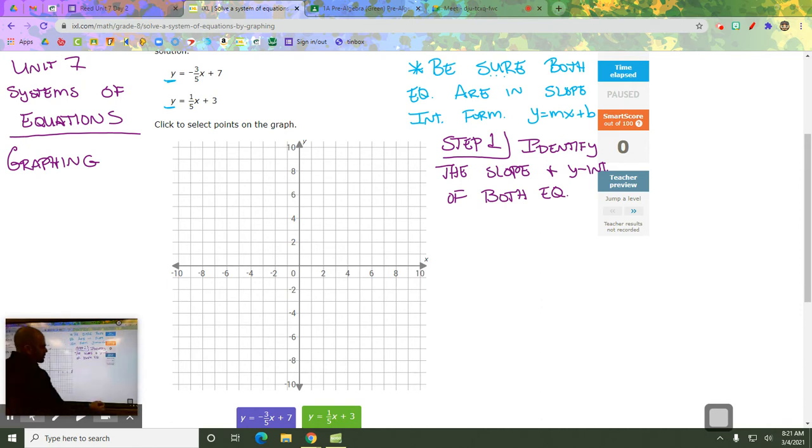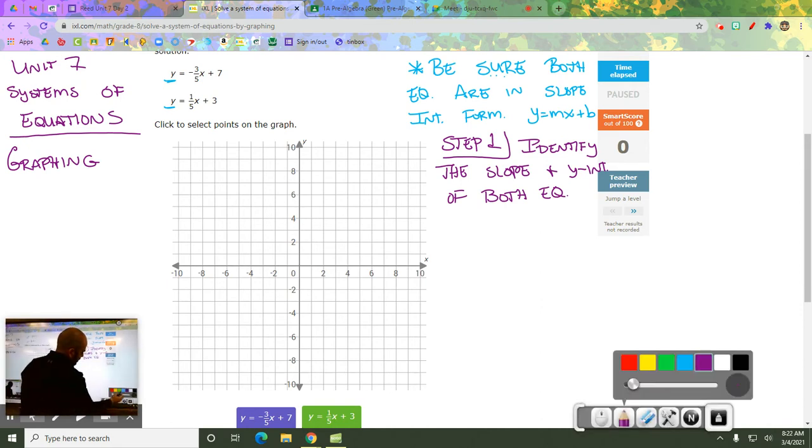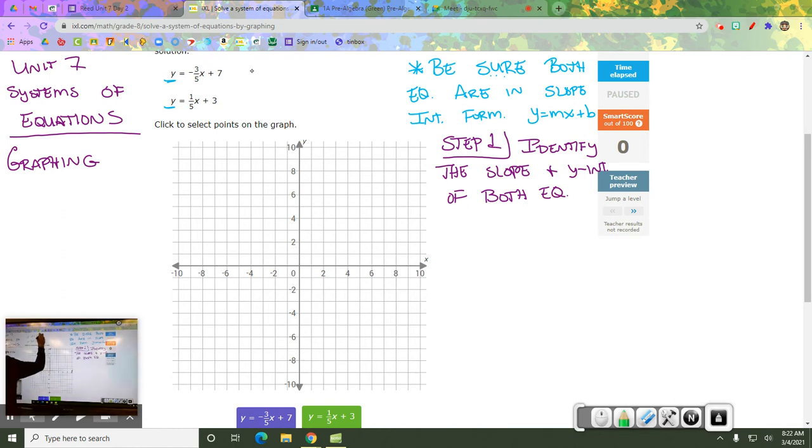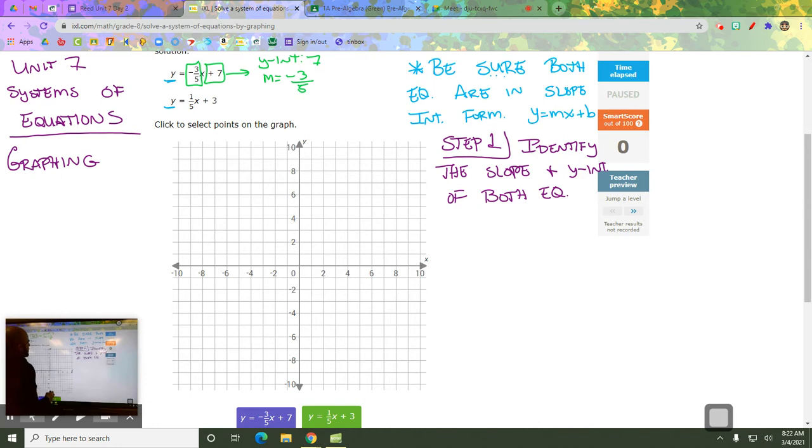So for this first equation, we'll make it green. My y-intercept, y equals mx plus b, my y-intercept is this number out here. It's going to be 7. And my slope, whatever's multiplied to x, is negative 3/5. So we've identified that.